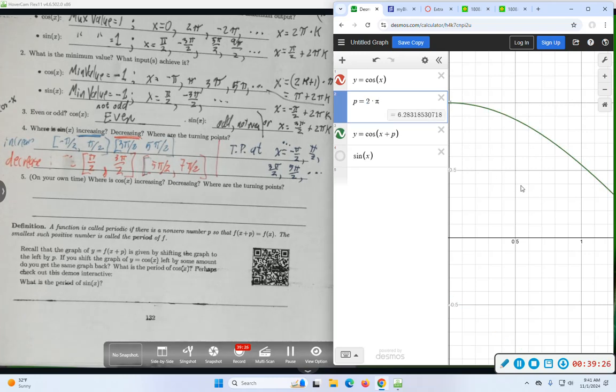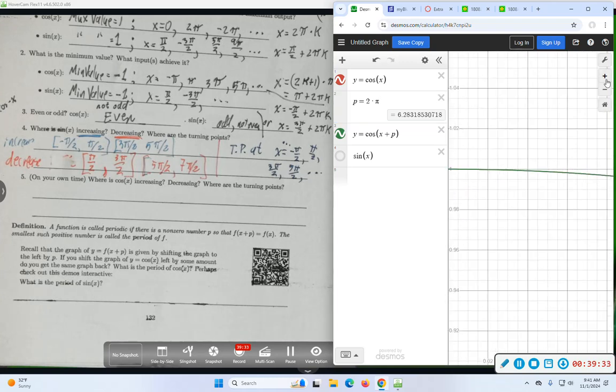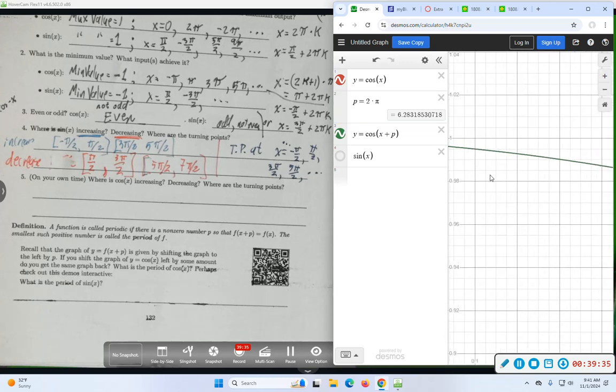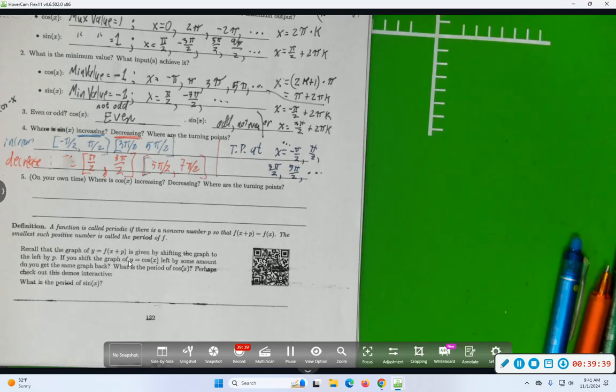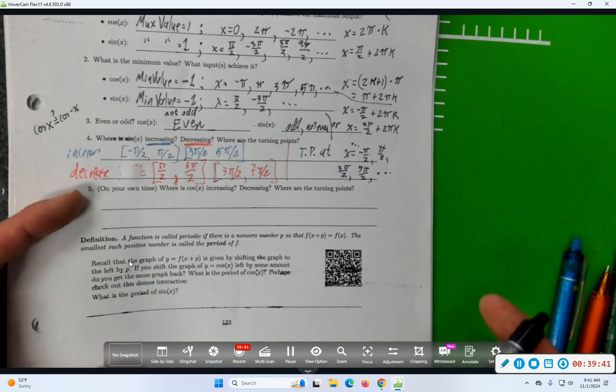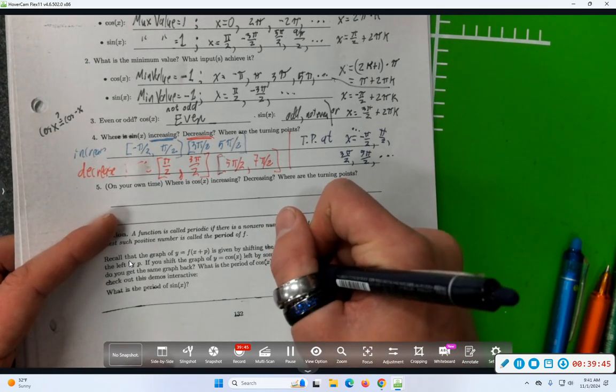Those two look like they're dead on the nose now. Nice. And maybe we'll zoom in some and see. Yeah, those look like the same graph even zoomed in this close. So by looking at this picture, the period of cosine seems to be 2 pi.